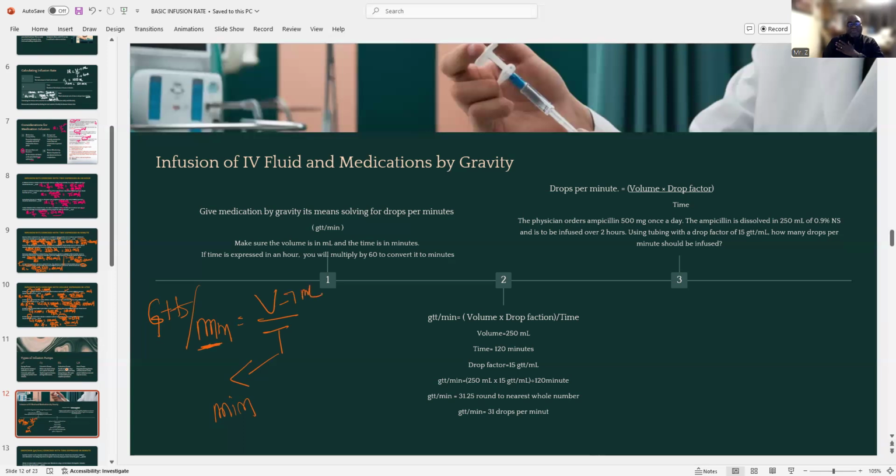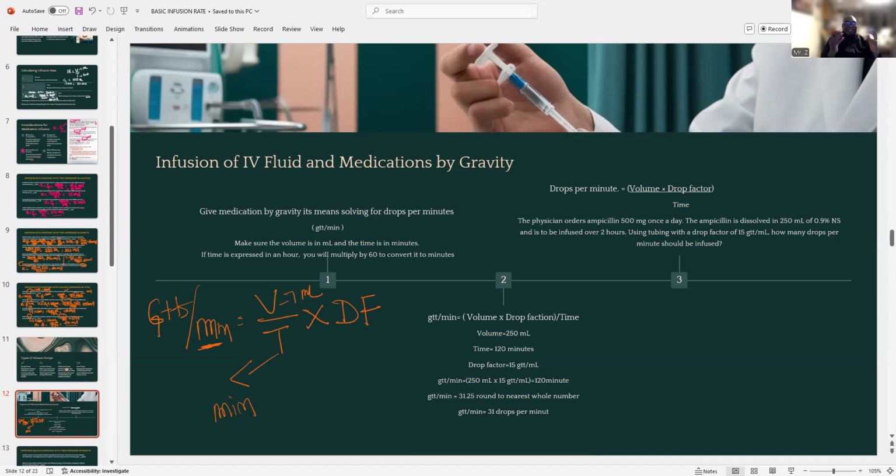But now, you're not stopping there. You have to multiply this by your drop factor. They will give the drop factor to you. If you don't have it, look on your IV tubing; it's always right there around the drip chamber. It will tell you the drop factor is 12, 10, 15, or 20.